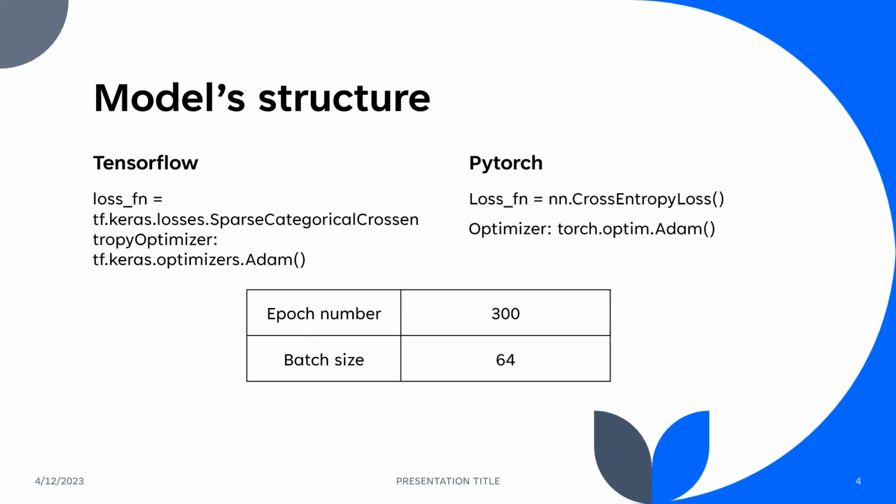For the loss function, we use the same cross entropy loss, and both use the Adam optimizer. The epoch number is 300 and the batch size 64.